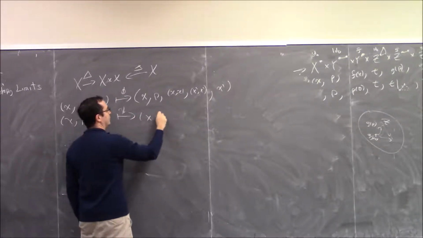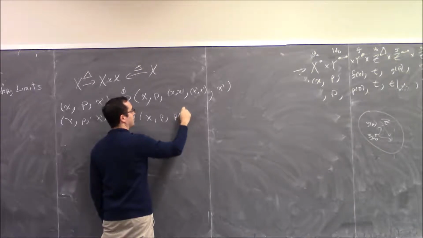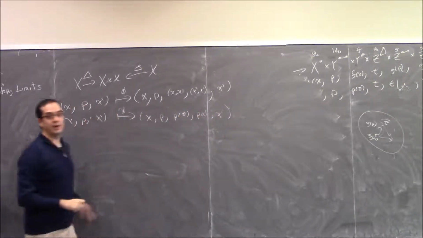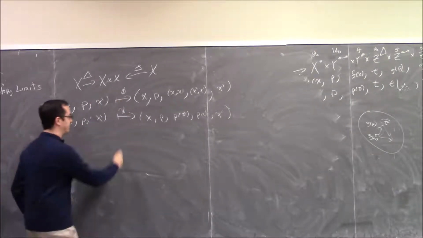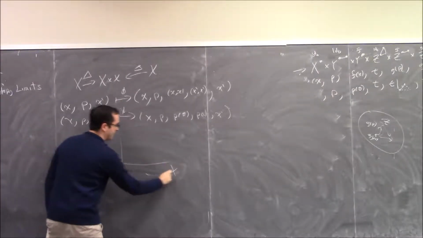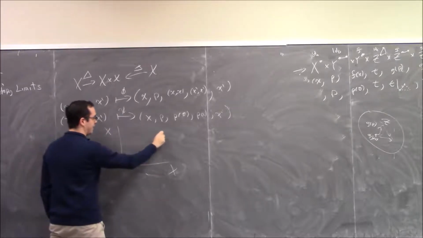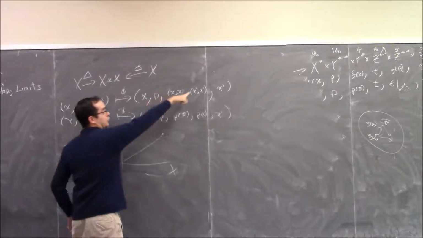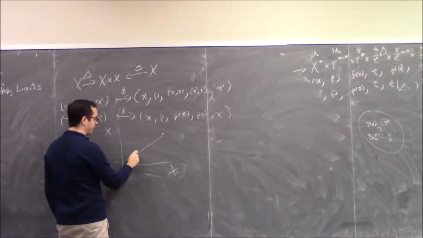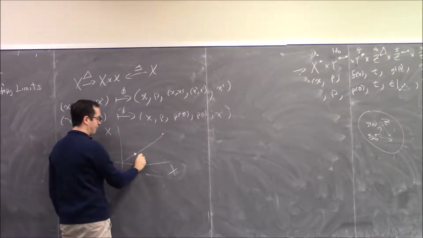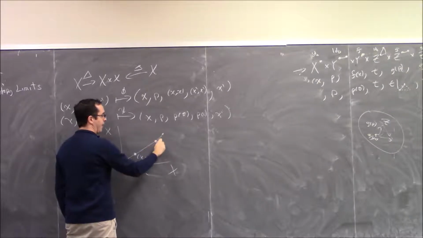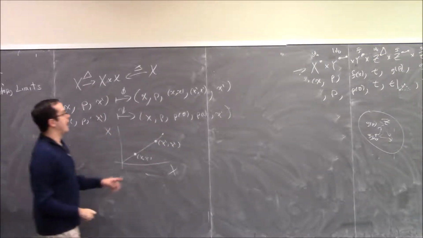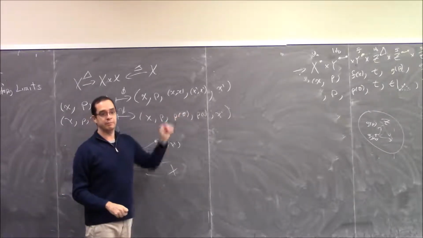I have x, a path p, p of 0, p of 1, x prime. So let's take a look at what that is. I have x and x, and I have my diagonal. I have two points on the diagonal, x comma x and x prime comma x prime, and I want a path between them.